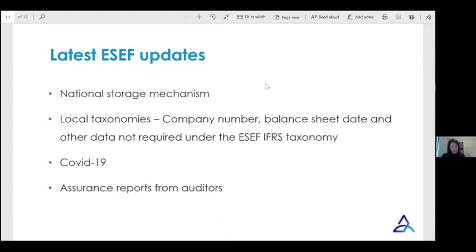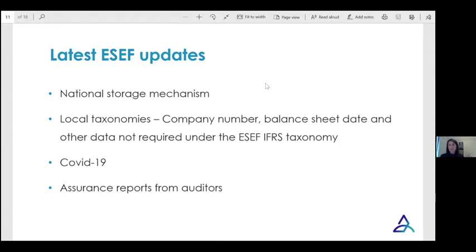And the last thing that people have asked about is assurance reports from auditors. If it's looking like there is not going to be any audit requirement in year one, auditors are suggesting that businesses look at getting some sort of assurance on the ESEF tagging.